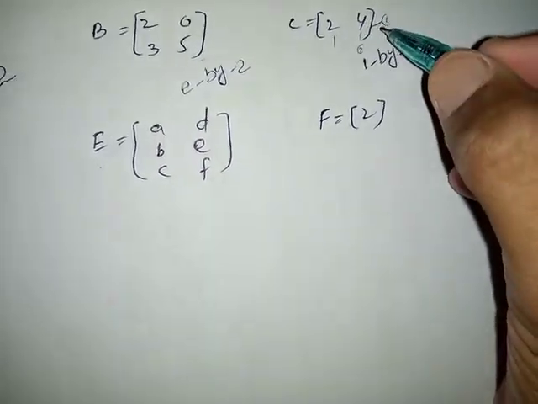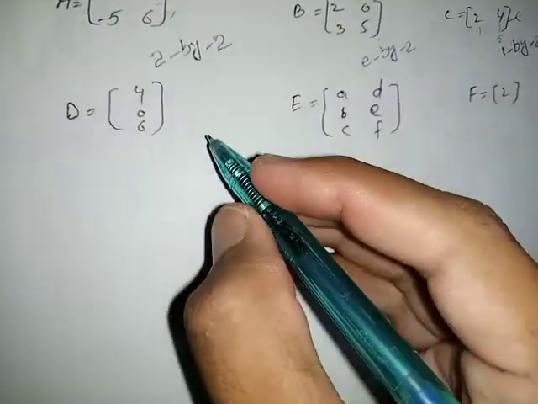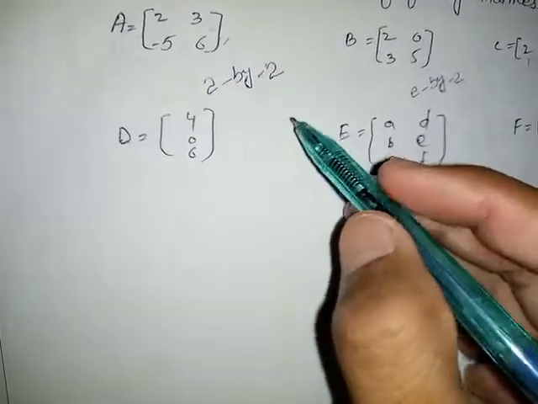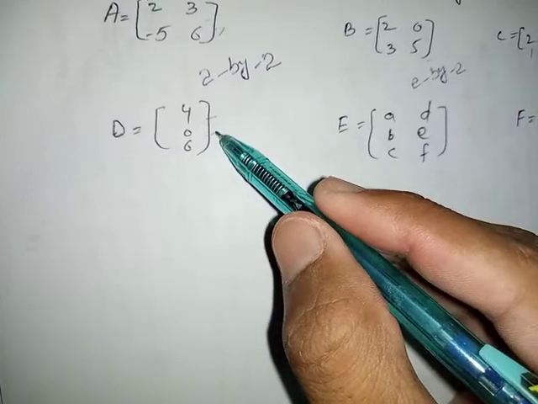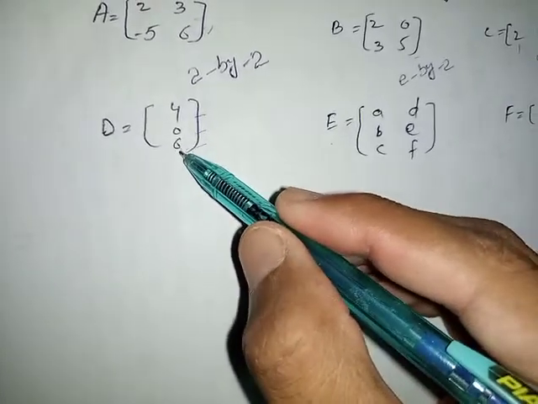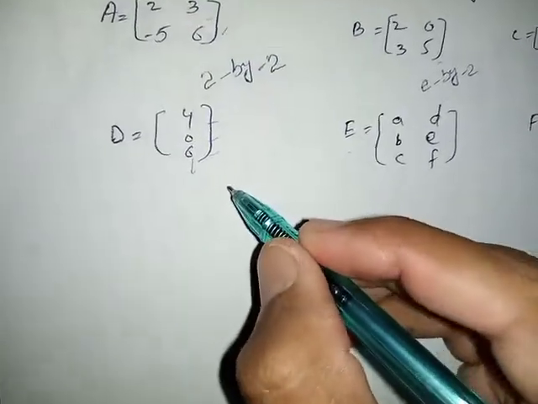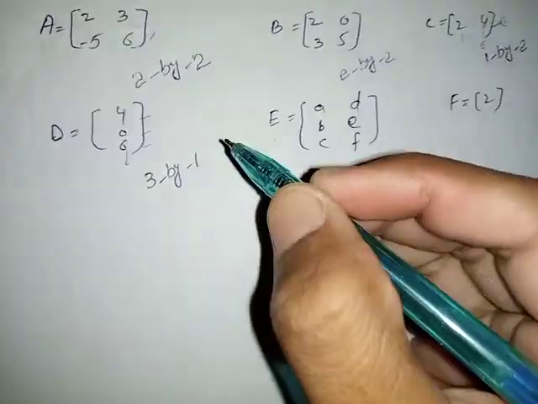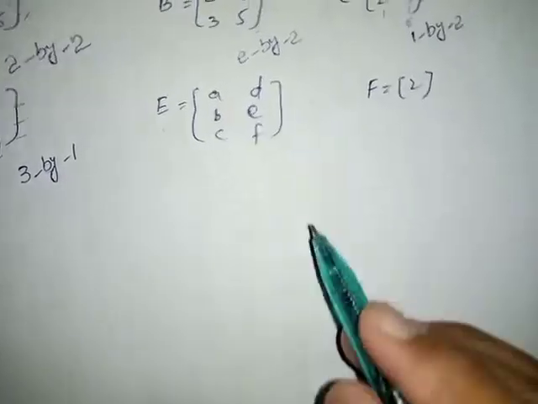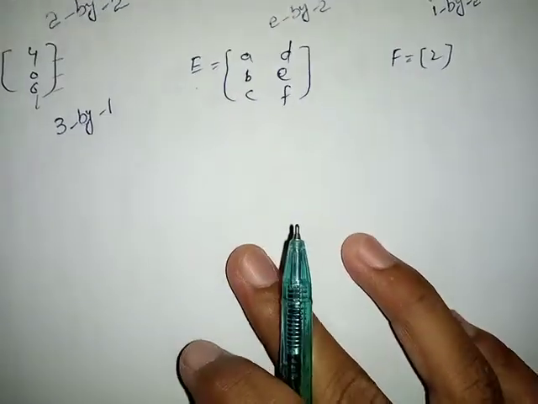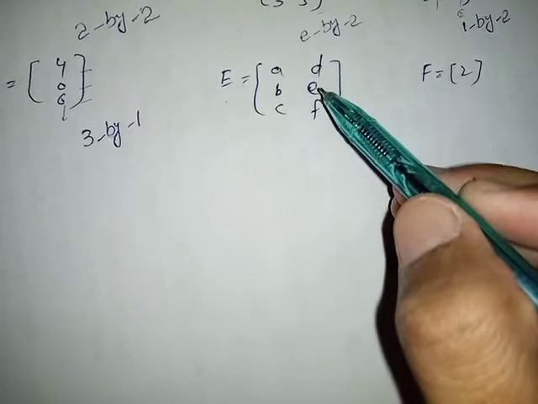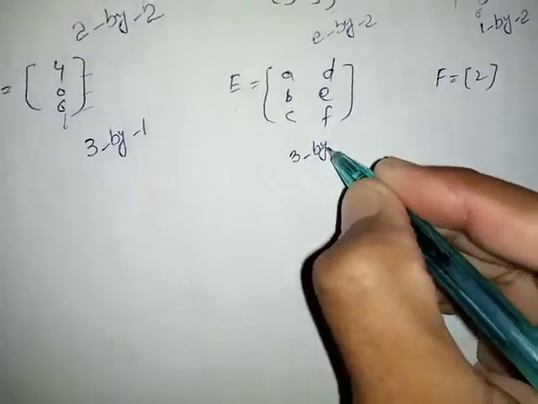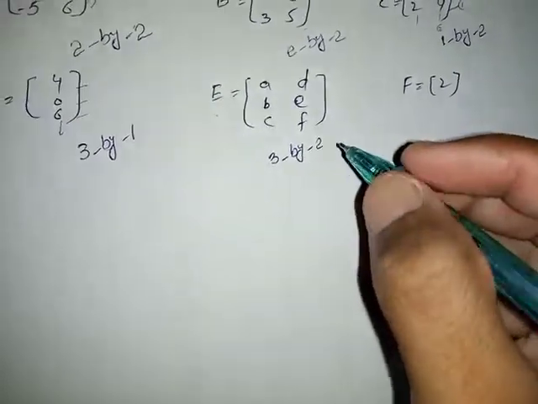Now we have this matrix in which there are three rows, 1, 2 and 3, and only one column, so we write the order of this matrix is 3 by 1. Now we see that there are three rows and two columns, so we write here 3 by 2. This is a matrix of order 3 by 2.